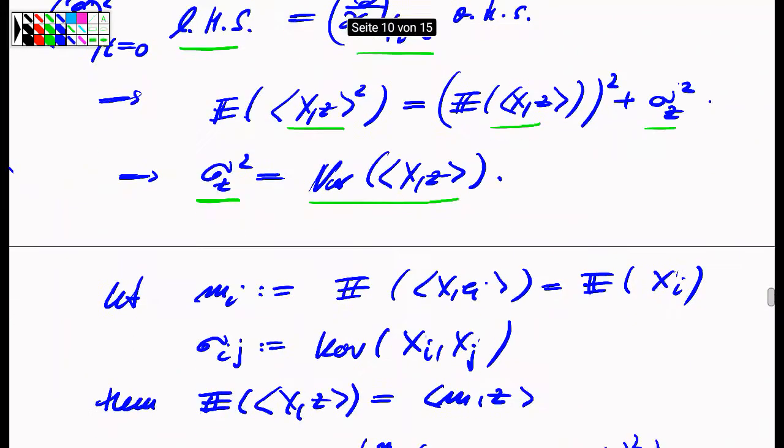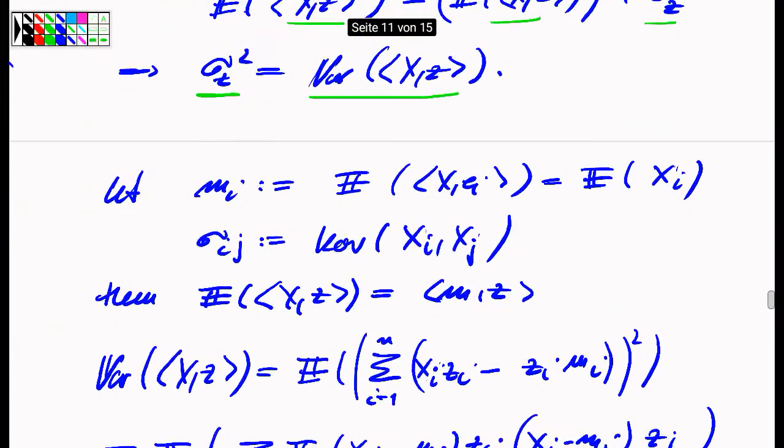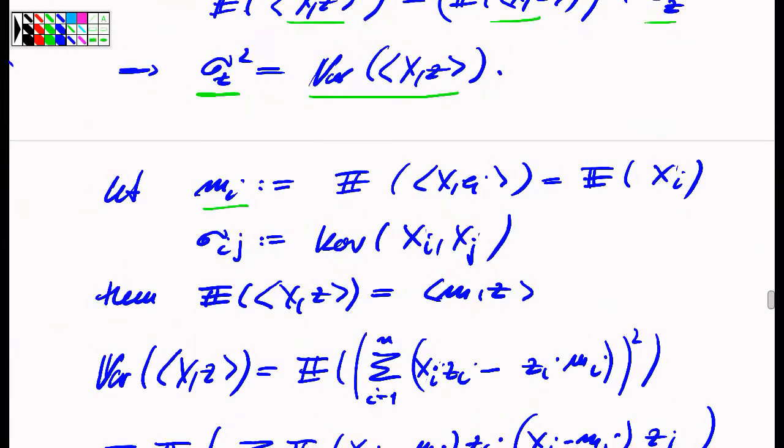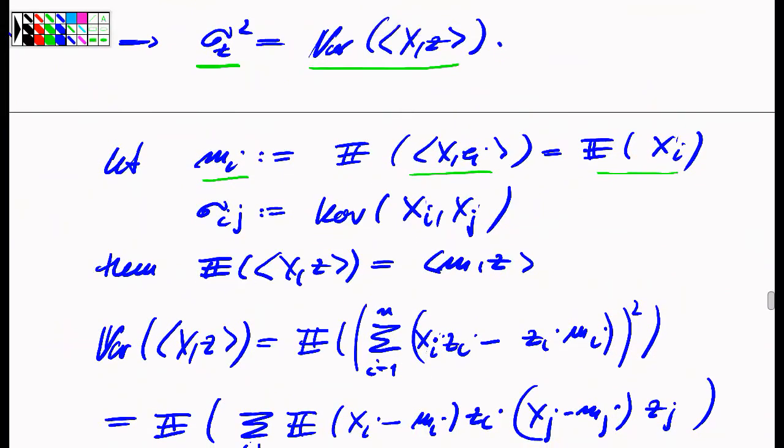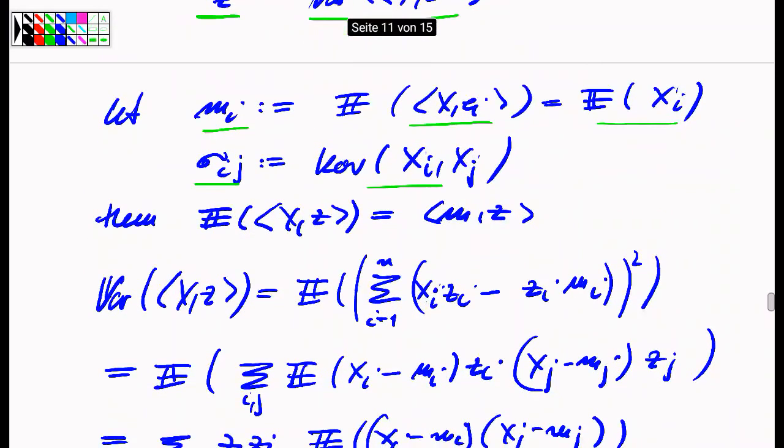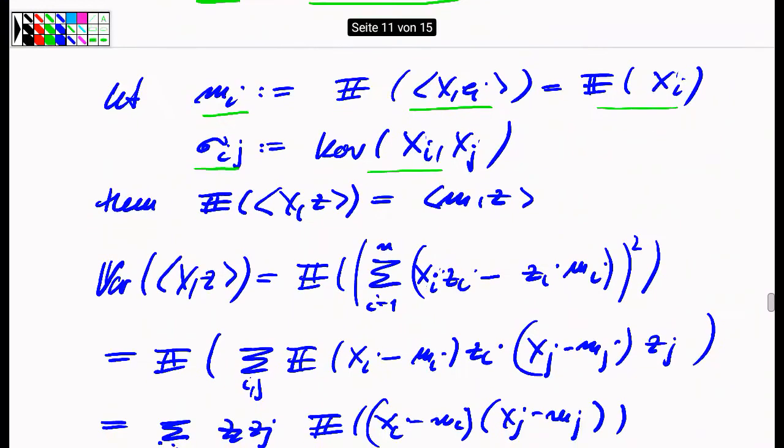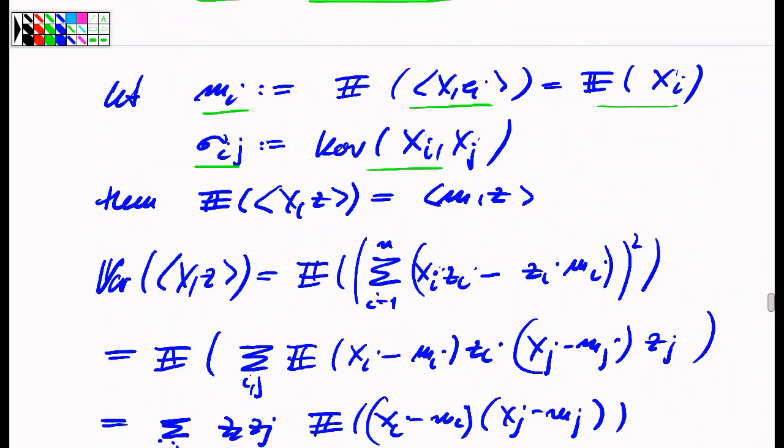That's very valuable information, because we can now introduce this m vector, which is just the expectation of the ith coordinate of this x random variable, and we can introduce the matrix sigma, which has the entry sigma ij defined to be the covariance of the ith and the jth coordinate of this Rd-valued random variable.